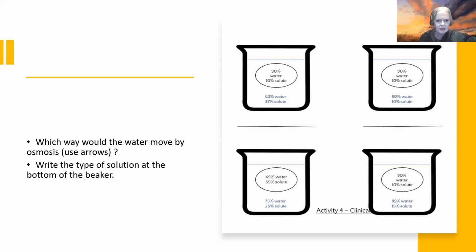If it's only a small amount, the cell's only affected a small amount. It reduces function, but it's not going to kill you, whereas cells bursting does kill you, as does crenation on the other end.